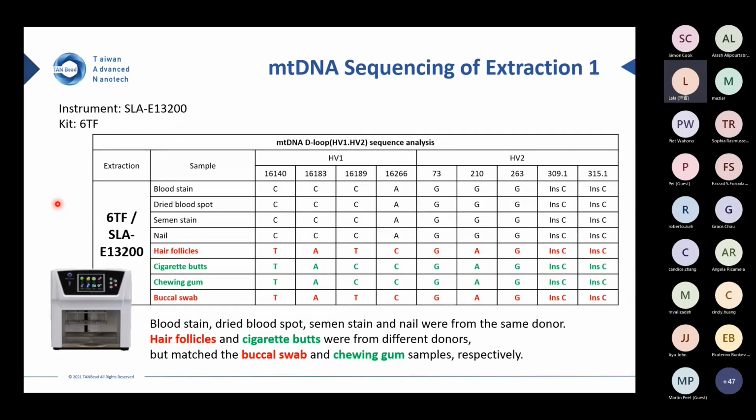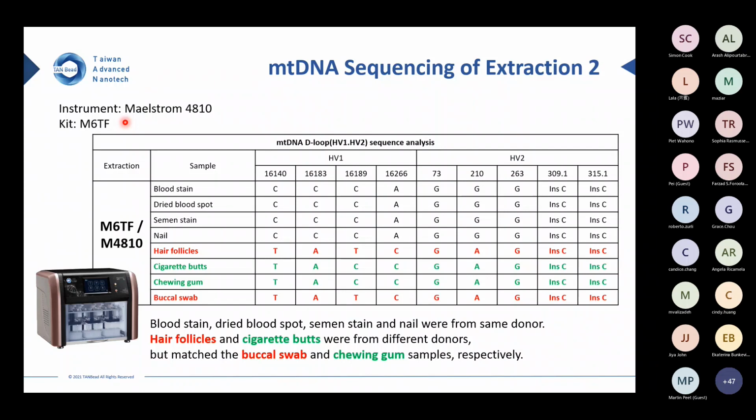Now in this slide, we're just looking at the mitochondrial DNA sequence from samples extracted using SLA E13200. In this slide, we're looking at the exact same samples extracted with Maelstrom 4810. And the results of the analysis are exactly the same as the SLA instrument.